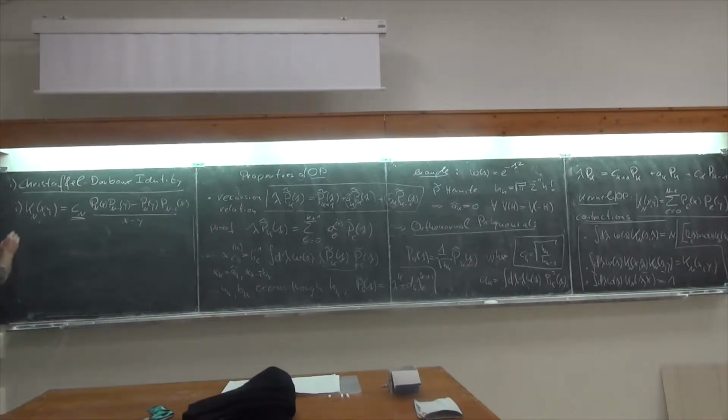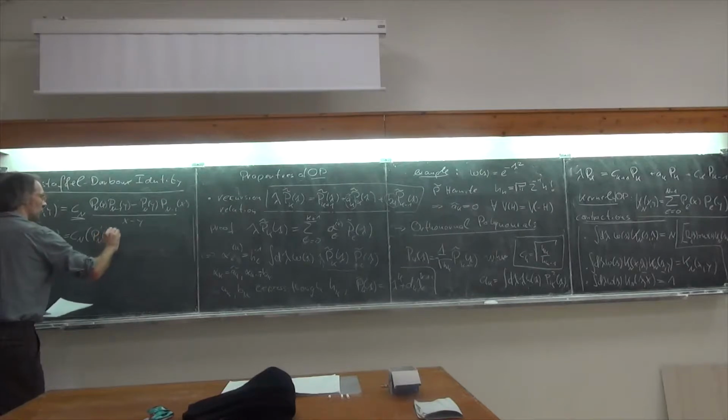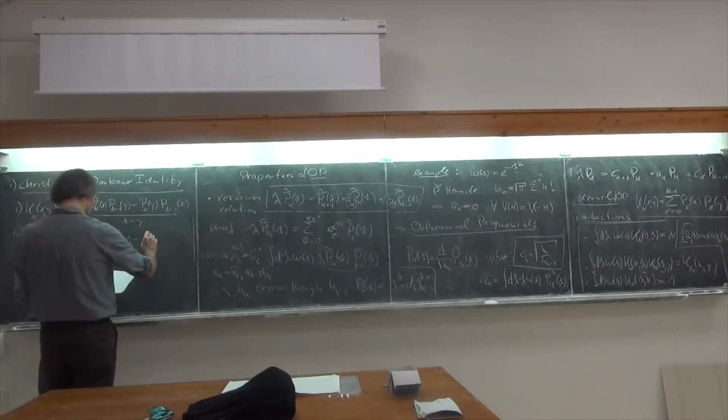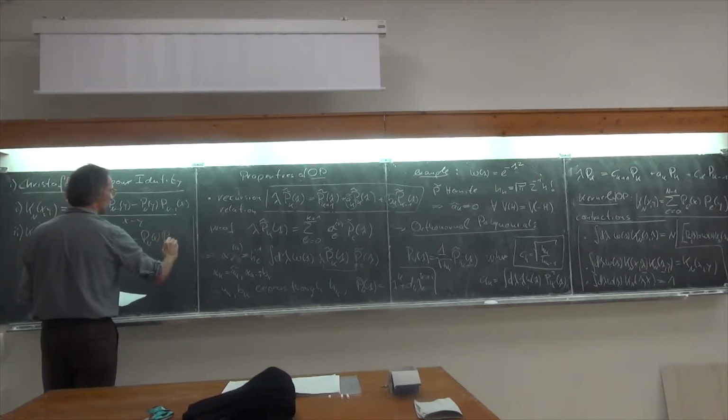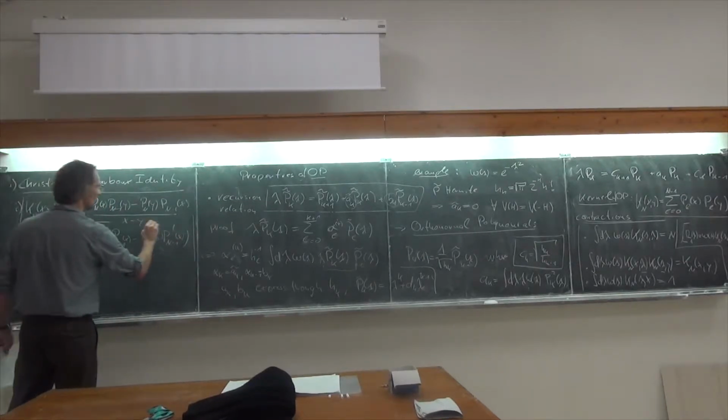Now you immediately see that if you Taylor expand this Kn in x, you get Cn times Pn prime of x, Pn minus 1 of x minus Pn minus 1 prime of x, Pn of x. Okay, so this is the Christoffel-Darboux identity.